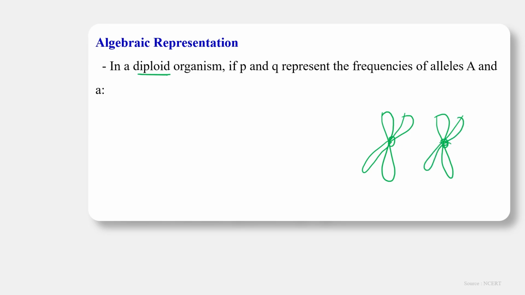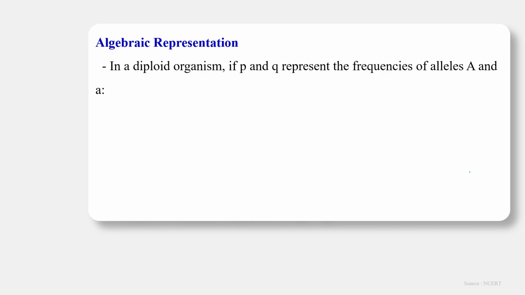If here there is an allele named A, and here also allele A, what is the total number of alleles? A squared. There's another allele, small a, small a. What is the total number of alleles? a squared. If here capital A, here small a, then 2Aa. This is how we can calculate.